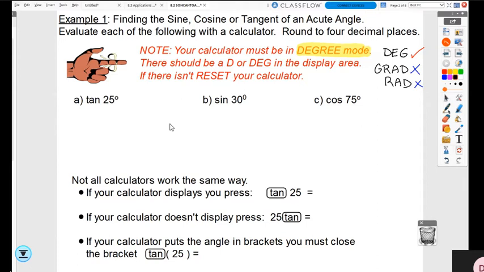For example, Will's calculator does not hold the display. So if he wanted to take the tan of 25 degrees, he would have to type it in a little bit differently than someone who has a calculator that can hold the display. What I type in is first tan, then 25, and I press equals.